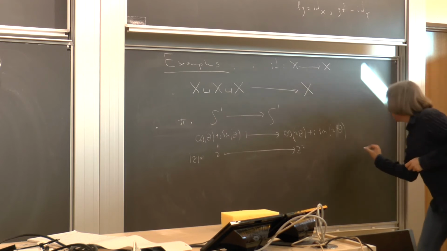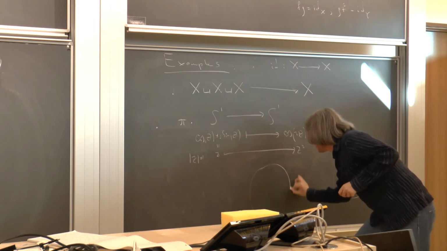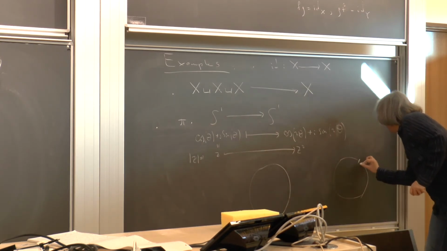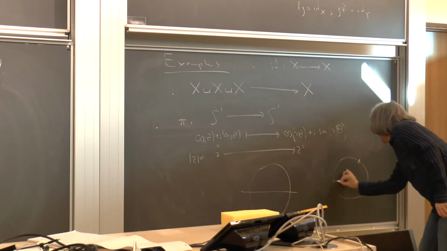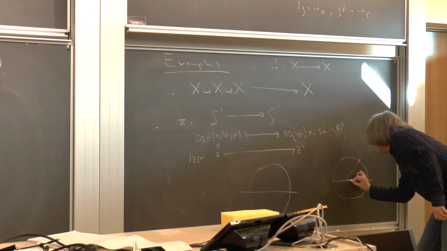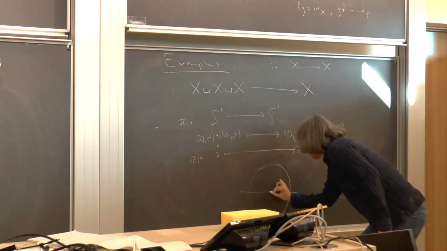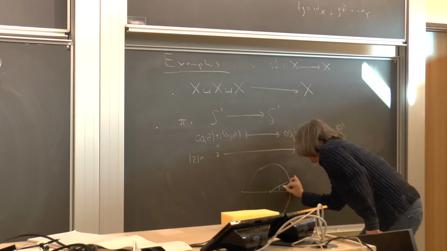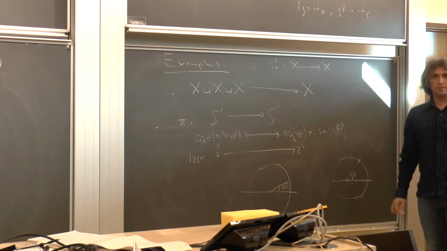So if you have one unit circle which is the target and another unit circle which is the source, and you take a point, say with angle theta, then theta over 2 is good, but also pi plus theta over 2 is also good.